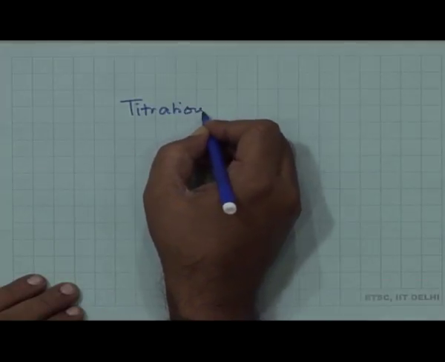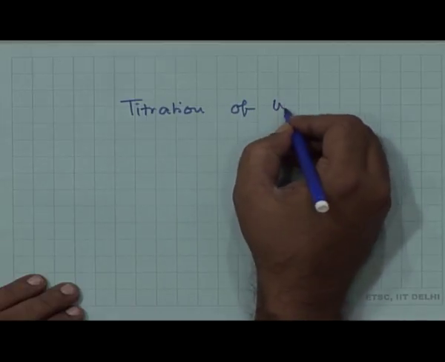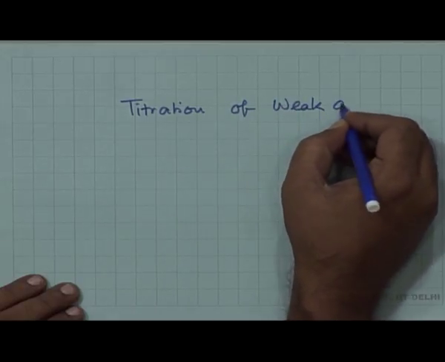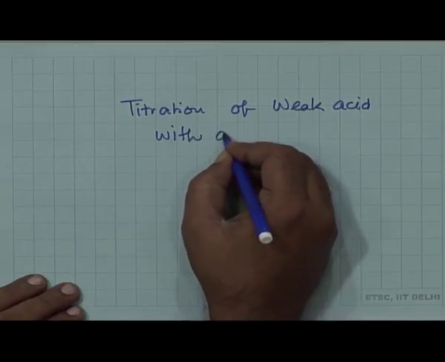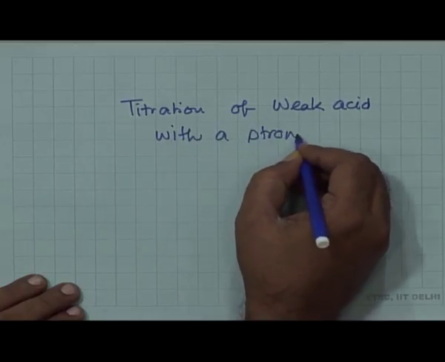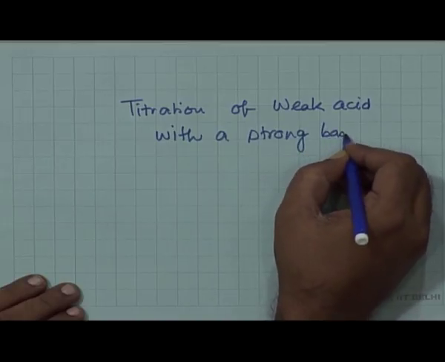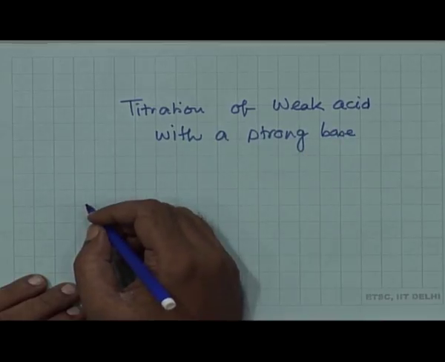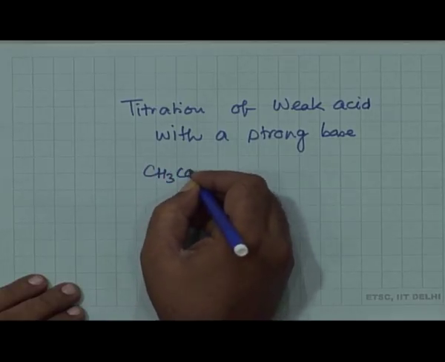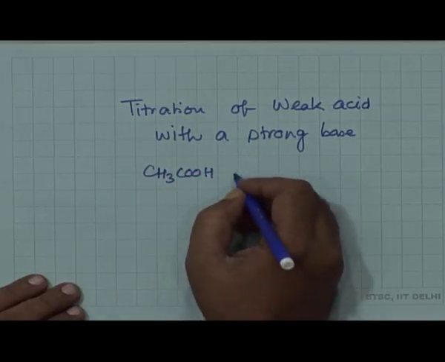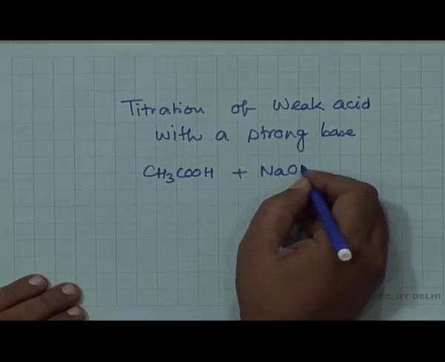So, let us go back to the titration of a weak acid with a strong base. For example, acetic acid with NaOH.